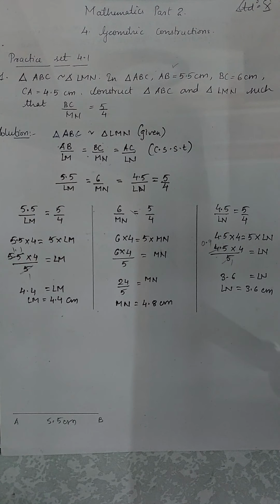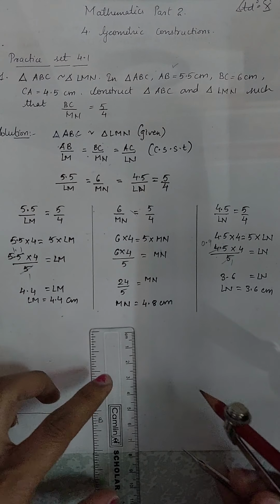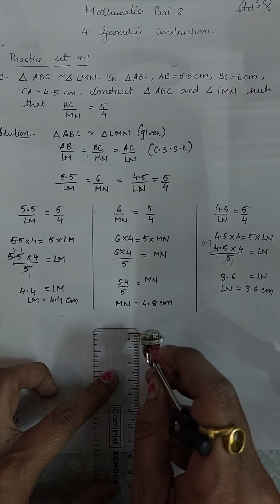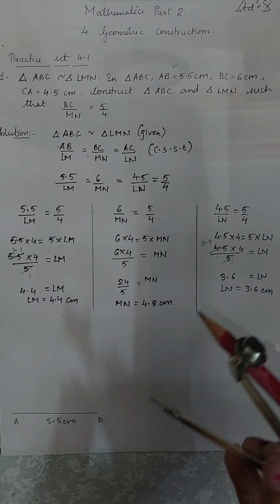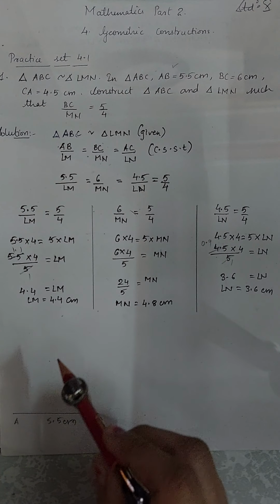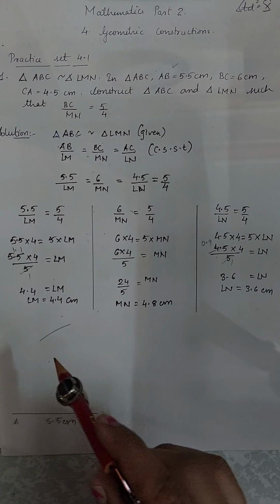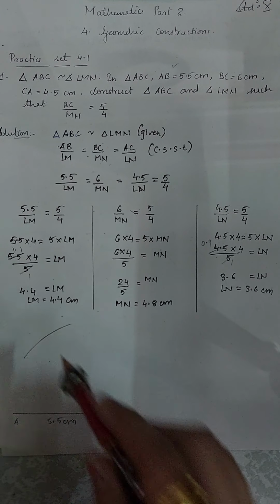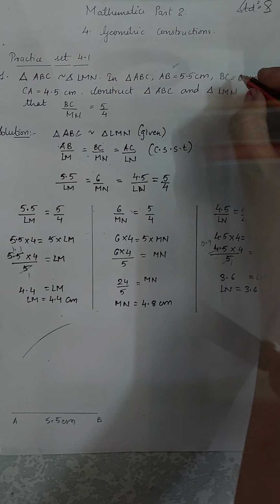So on the ruler, we are going to take 6 centimeter, and we are going to draw the arc. Now BC is 6 centimeter, children. So if C is not there, B is there. I'm going to place it on B and draw an arc like this. So this is going to be my BC, which is 6 centimeter. So we have finished using this also.